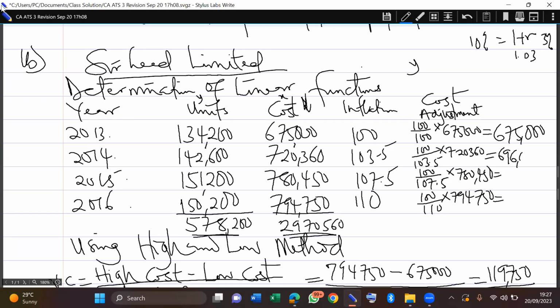Hold on, please. You see the cost after inflation gives us 720. Before the inflation, what does it give us? 696,000. It dropped. This is cost without inflation. That's why I said the inflation has initially been added.